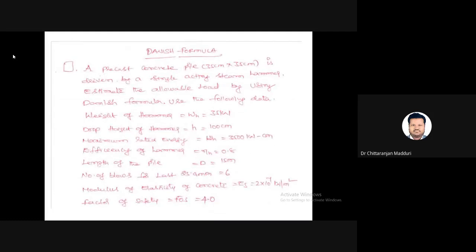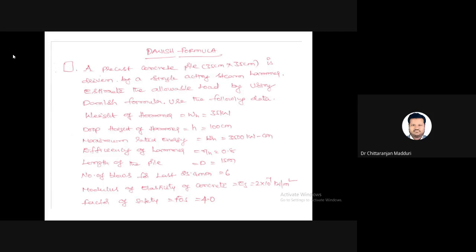So here is a problem on the Danish formula. We need to solve this problem by using the Danish formula. A precast concrete pile 35 centimeters by 35 centimeters is driven by a single acting steam hammer. Estimate the allowable load by using the Danish formula. Use the following data.